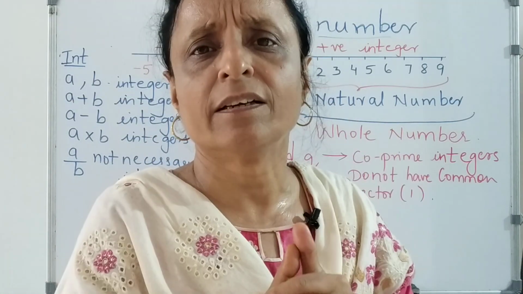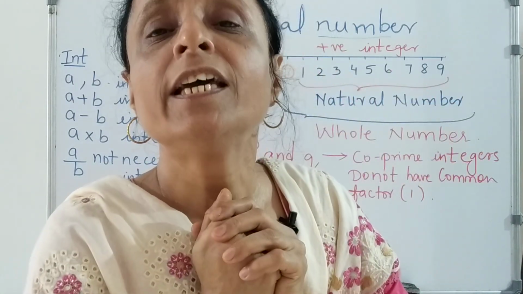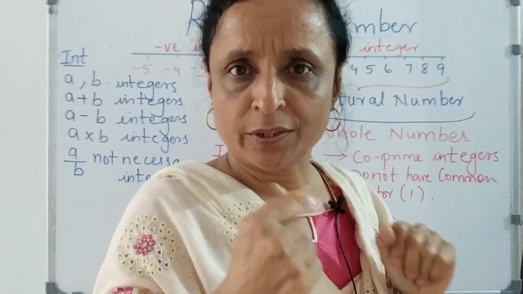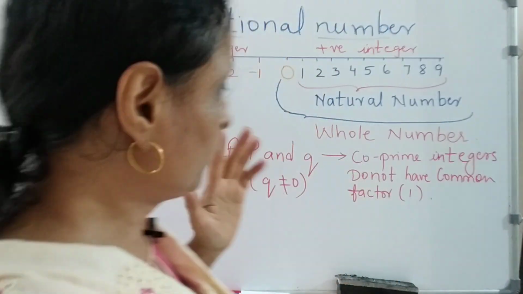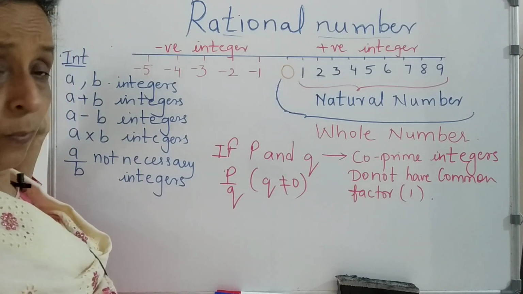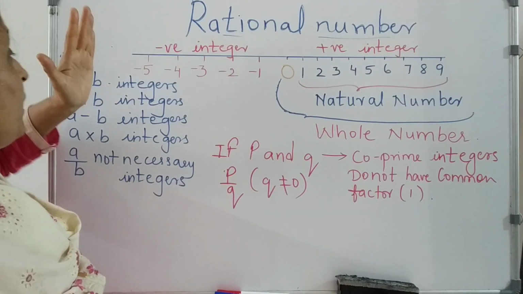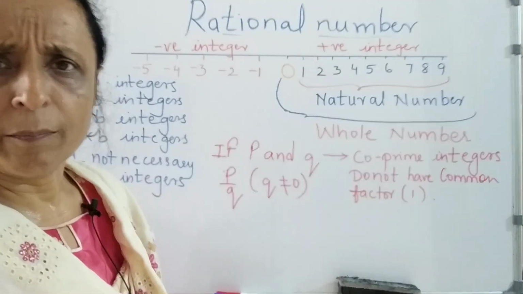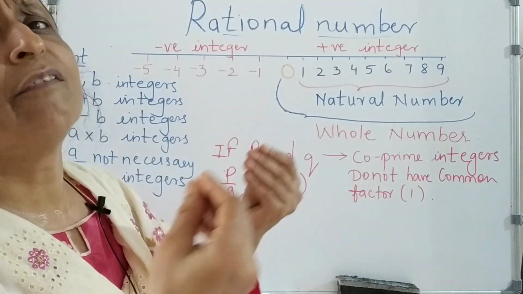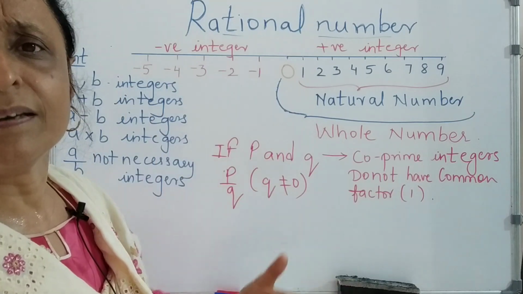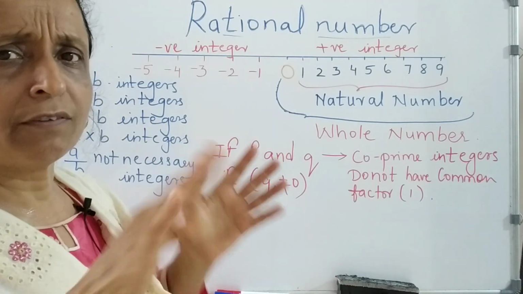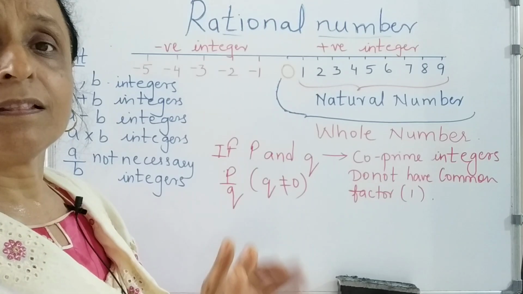Once this is clear, now we come to the rational number. As it is given in your textbook, it is explained this way. If A and B are integers, A and B can be any number. See, A and B are variables, so they can be any number. A can be 1, 2, 3, 4, 5, minus 1, minus 2, minus 3, anything.